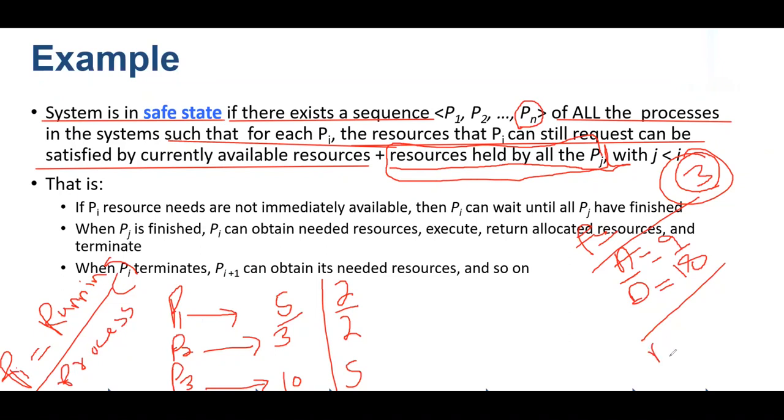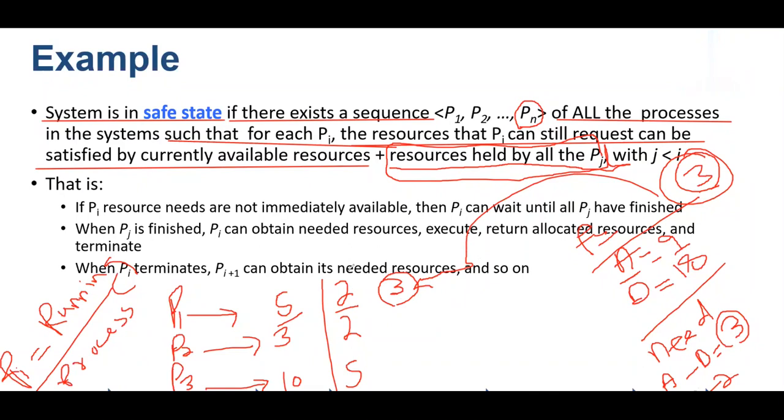So how much is needed by P1? The P1 need is the maximum demand minus the allocated, which is equal to 3, because 5 minus 2 is equal to 3. So the system will allocate these resources to whom? To P1.